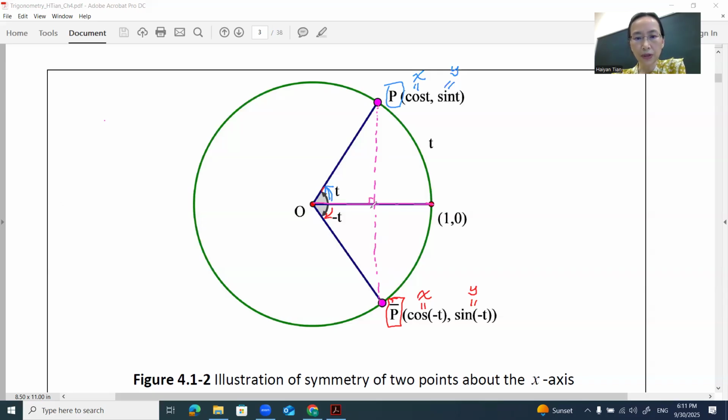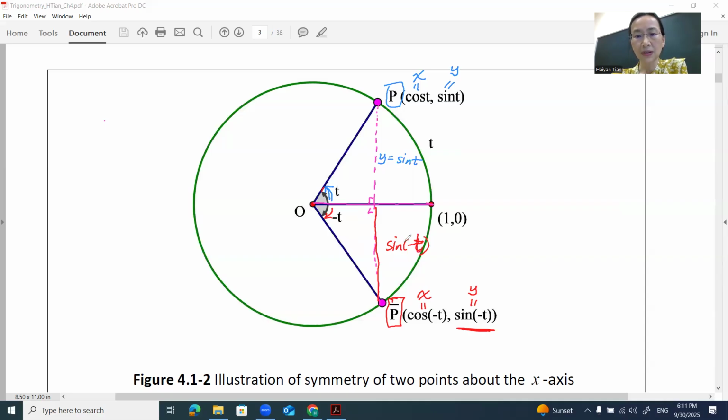we see the two right triangles, and this y, which is the same as the sine t, and the other, this y, which is sine negative t. Are they the same? No, because they are opposite, right?